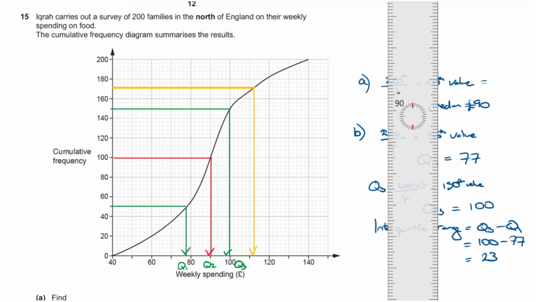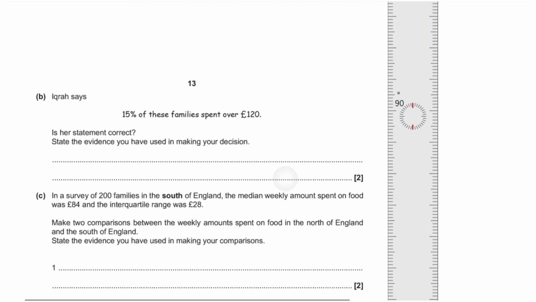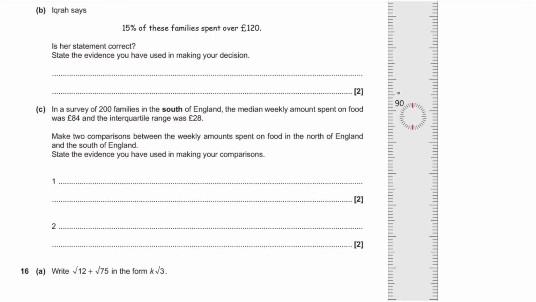I suppose it's true that they must... No, it can't be true then that they're over 120, because some of those are going to be spending less, aren't they? So how can we write that down?